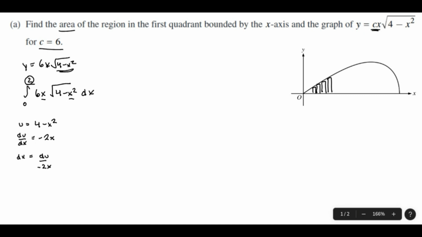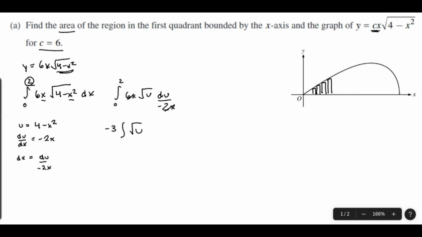So rewriting our integral from 0 to 2, we have 6x times root u since we replaced it, and here's where the x's cancel. There's still a coefficient negative 3, and here we're not going to add any boundaries because it's in terms of u. We can either solve for the u boundaries, but we're going to convert it back into x later.